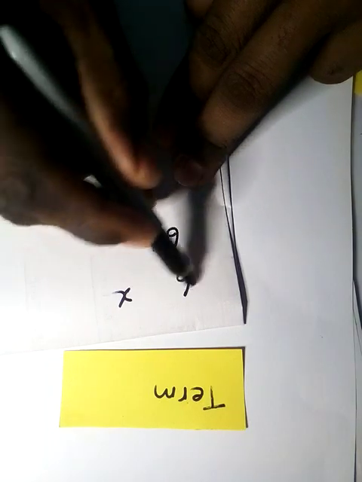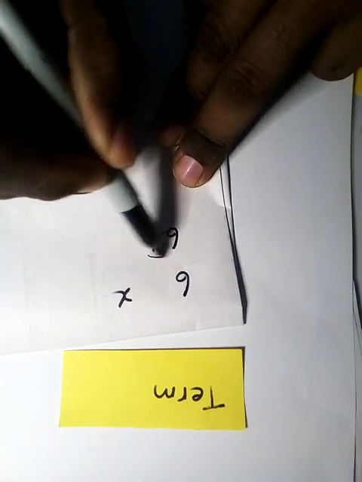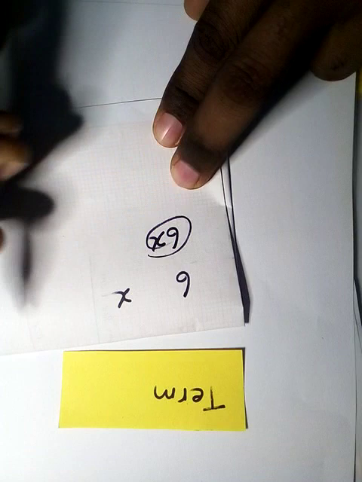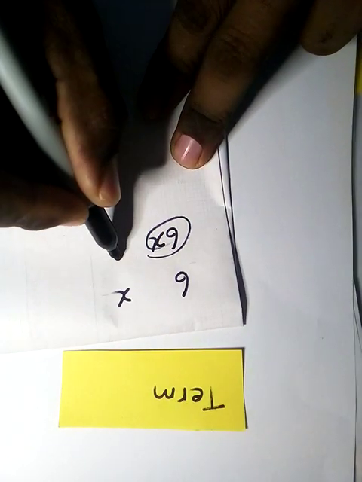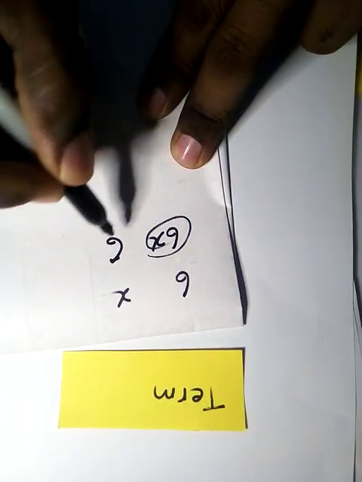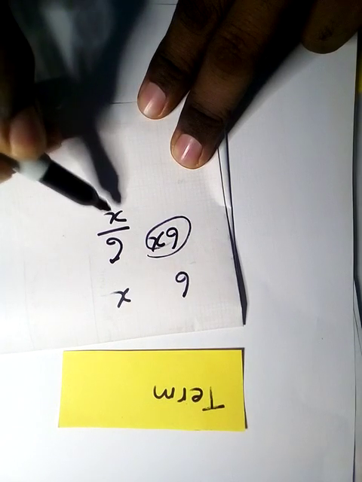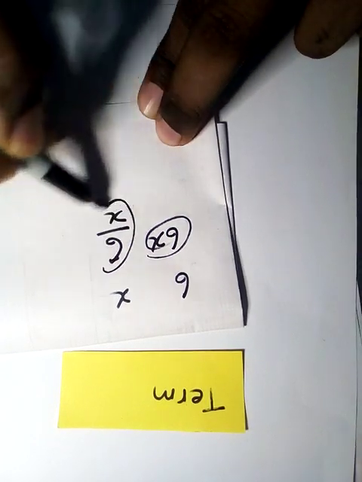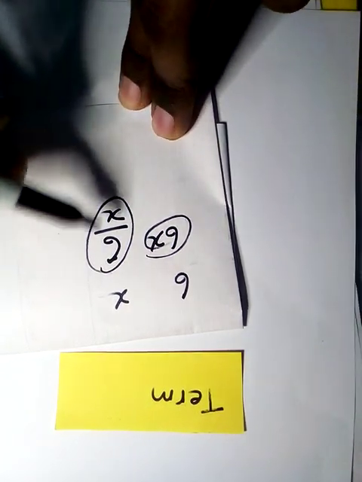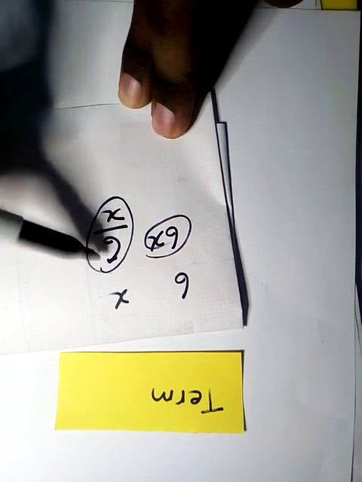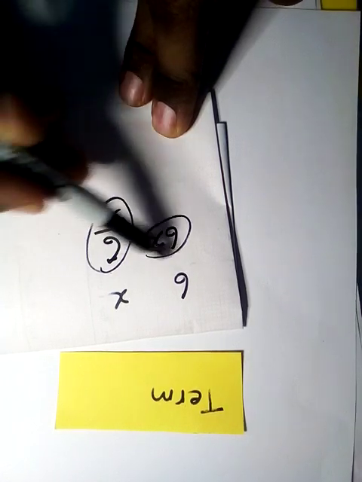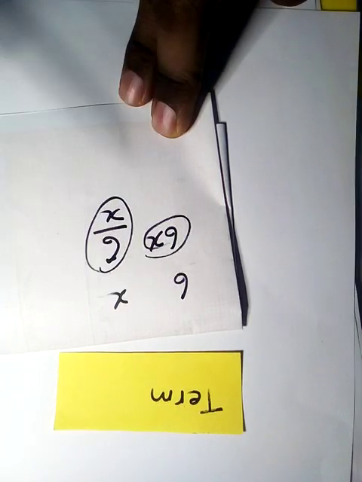So this is seen as one term, or a combination is seen as one term, or in the form of product or quotient. Most science students misinterpret and call this two terms, but this is one term. Once it's in the form of quotient, division, or product, it's seen as one term.